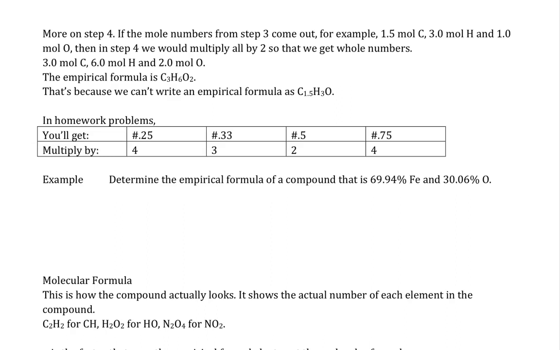If the mole numbers from step 3 come out, for example, 1.5 moles of C, 3.0 moles of H, and 1.5 moles of O, then in step 4, we would multiply all by 2 to get whole numbers. 3 moles of C, 6 moles of H, and 2 moles of O. And the empirical formula would then be C3H6O2.